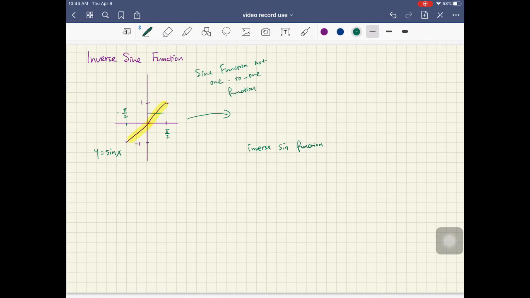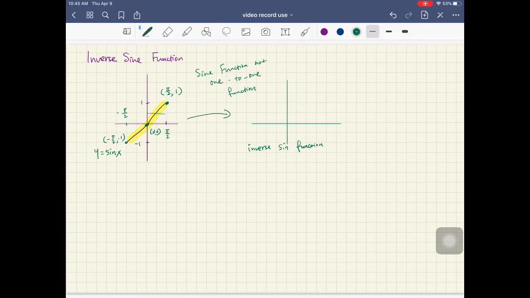Okay, so we have three easy points we can locate. The first one is pi over 2, 1. The second point is 0, 0. The third one is negative pi over 2, negative 1. Then we can use those three points to flip it and get the inverse graph.